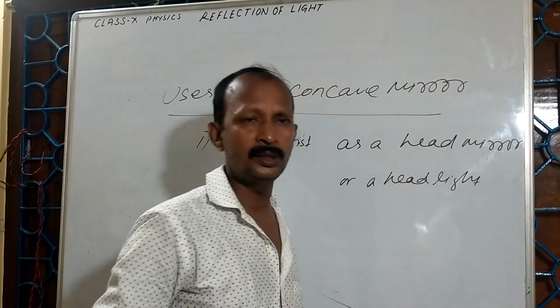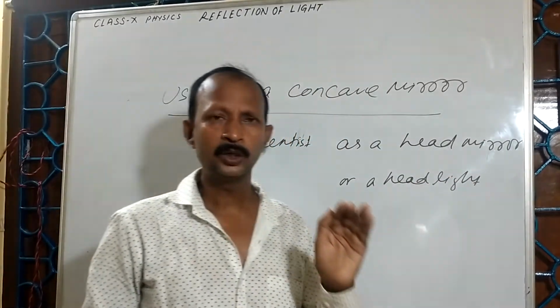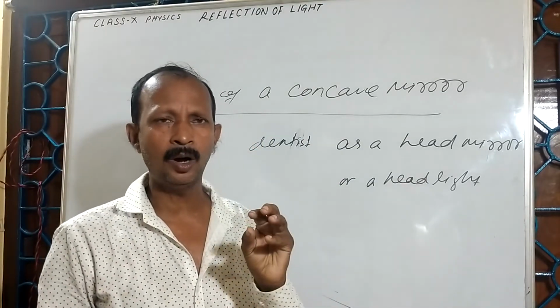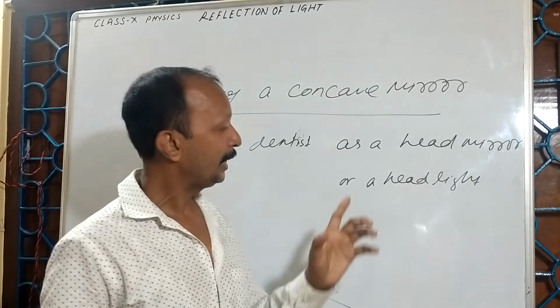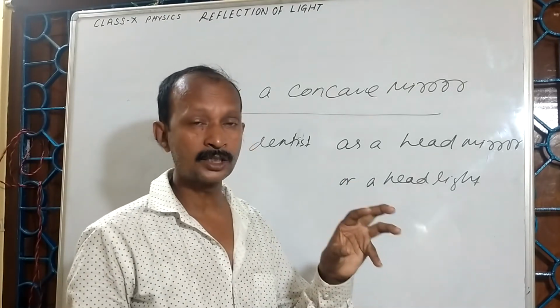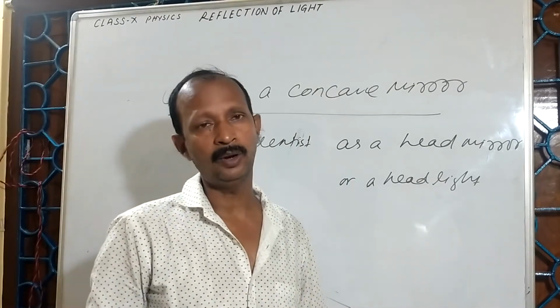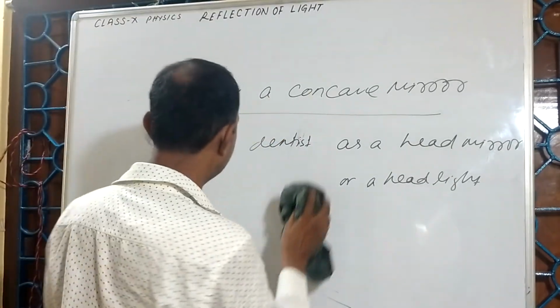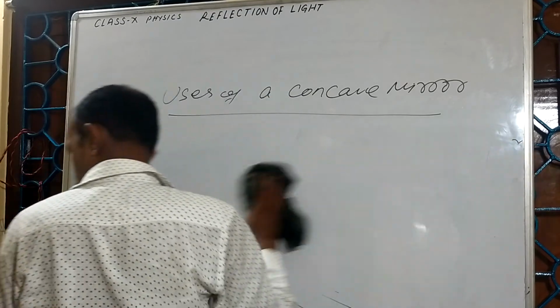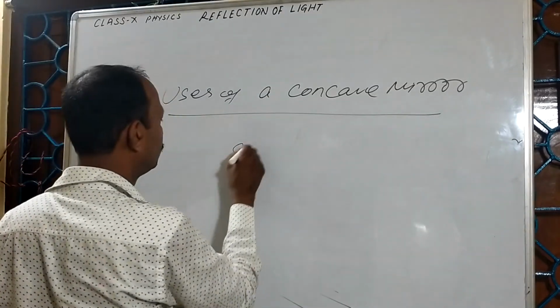Two purposes we can use. Head mirror to see the teeth bigger. Headlight to focus more light to a particular point. So a dentist can use it. Next one, we can use it as a shaving mirror.